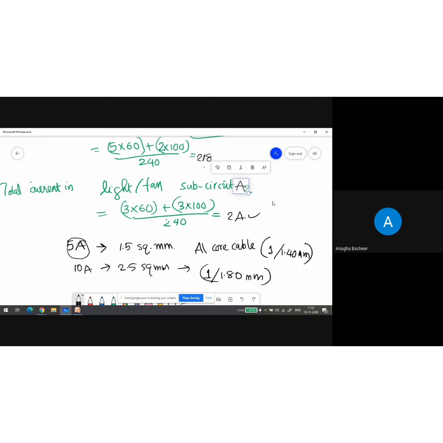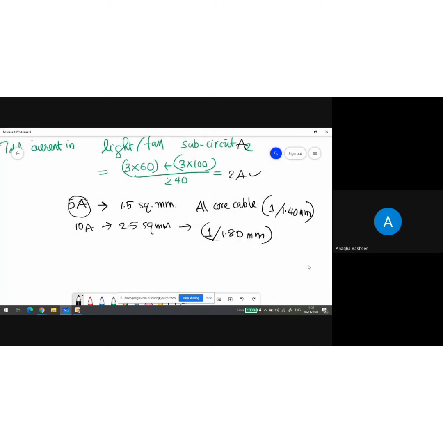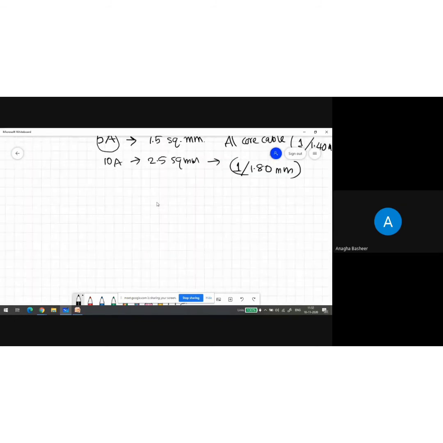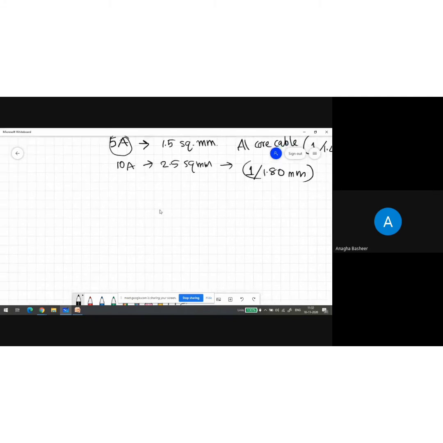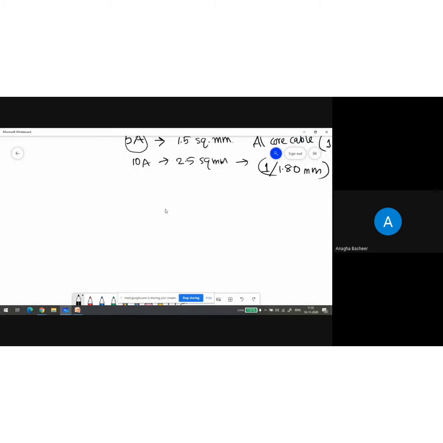Understood the step? Current rating is within 5 ampere, so we can use 1.5 square mm aluminum cable. Otherwise, I have represented 1 by 1.40. What does it mean? 1 by 1.40. Do you remember why we say that?